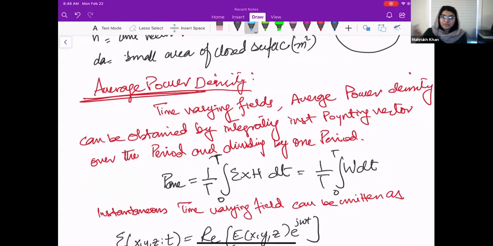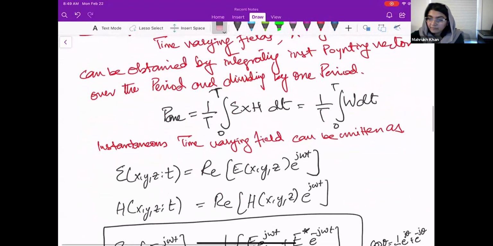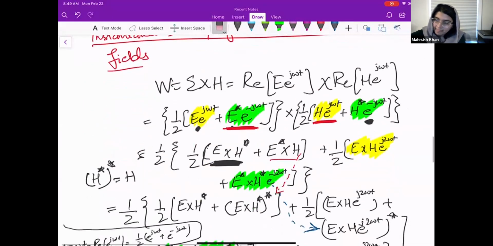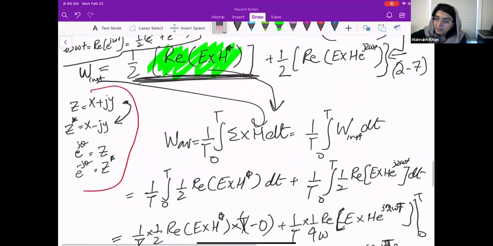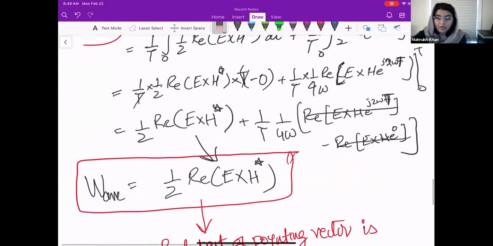But we did another thing. Instead of finding total power, we come back to the power density, the average power density, where we said that for time varying fields, the average power density is what you get if you integrate over one time period. Now we developed an expression out of it, and we said that for time varying field, our average power density is the real part of the Poynting vector, or the real part of E cross H conjugate, right?